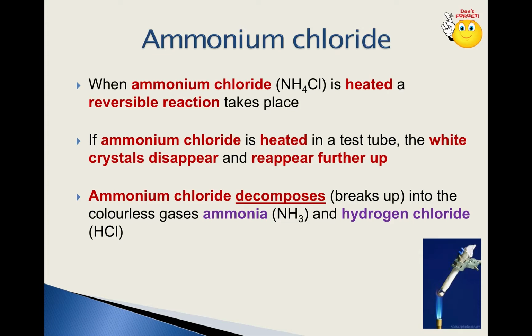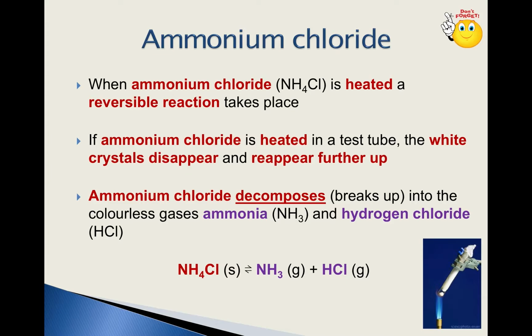Now what's very, very important to understand is what's actually happening. What does the ammonium chloride turn into when it decomposes? So this is a decomposition reaction, a reaction where the ammonium chloride breaks down. So when ammonium chloride is heated strongly, it decomposes into two colourless gases, ammonia, NH3, and hydrogen chloride, which is HCl.